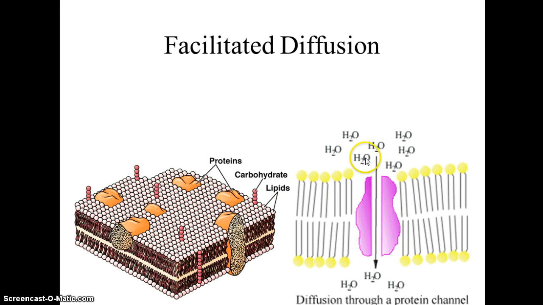So in this instance, water or sometimes other kinds of molecules can pass right through this channel and through the cell membrane in that manner without requiring any kind of extra energy input. So you can think of it like a tunnel through the cell membrane that molecules pass through. So it requires a protein, but it doesn't require any energy input.